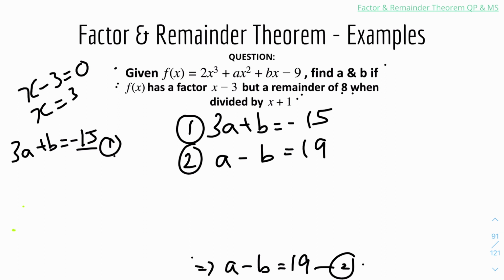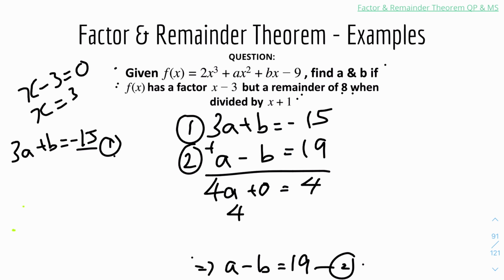So what you can do is that you can just cancel b because it's much easier to cancel. So what you do is just add both sides together because b plus minus b is 0. So 3a plus a is 4a plus 0 equals minus 15 plus 19, which is basically 19 minus 15, or 4.